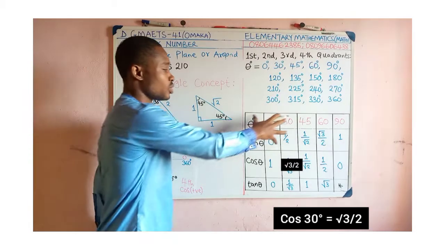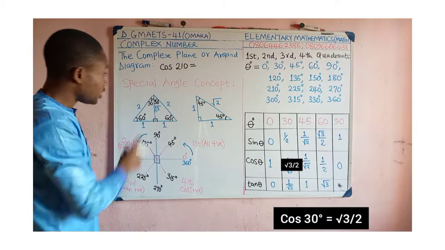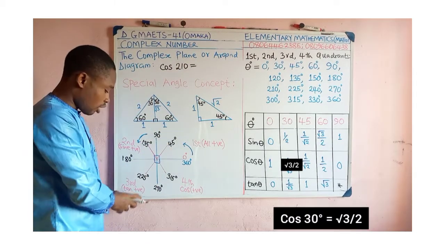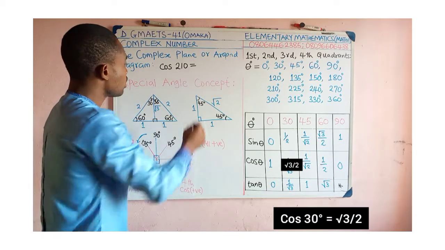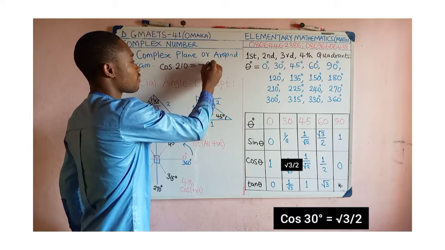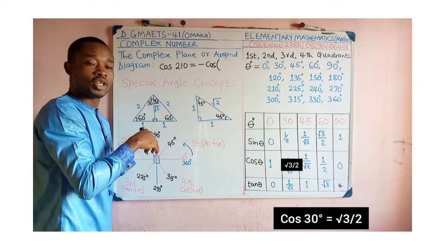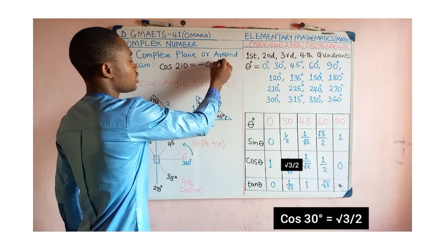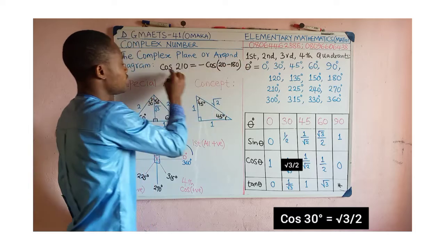I'll convert it to the angle of the first quadrant. 210 is in the second quadrant. Cos there is negative because it's only sine that is positive there. So I'll put minus of cos, then I'll subject 210 to the power of 180. Since 210 is more than 180, I'll do 210 minus 180.